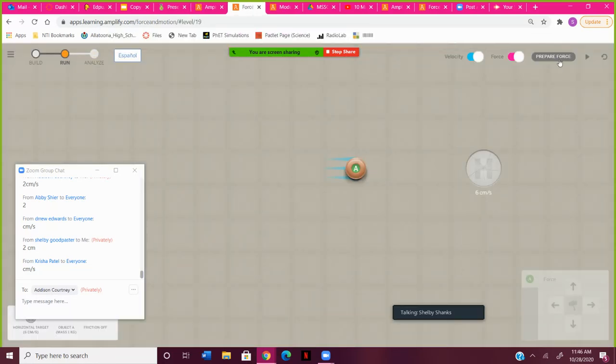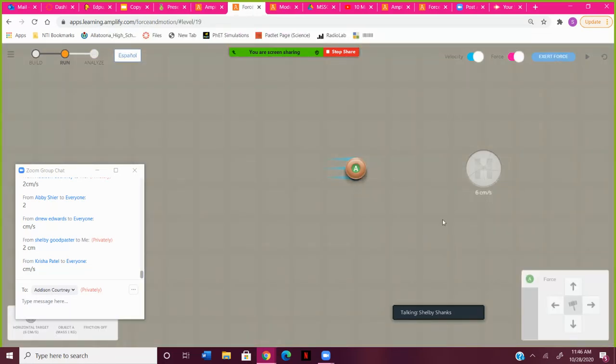All right, so now what I want to do is prepare my force. If my object is going at 2 centimeters per second and I need it to go at 6 centimeters per second, what needs to happen? What do we need to do to our object?